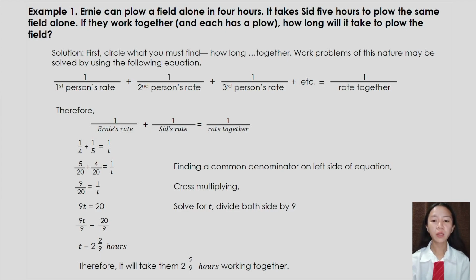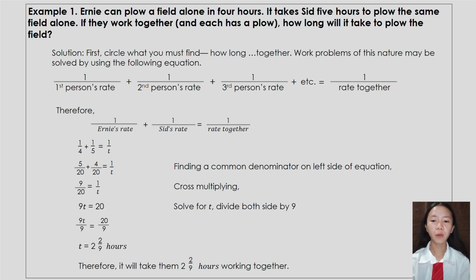Therefore, 1 over Ernie's rate plus 1 over Sid's rate equal to 1 over rate together. 1 over 4 plus 1 over 5 equal to 1 over t, or time.